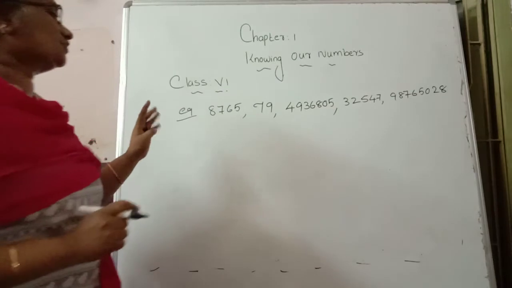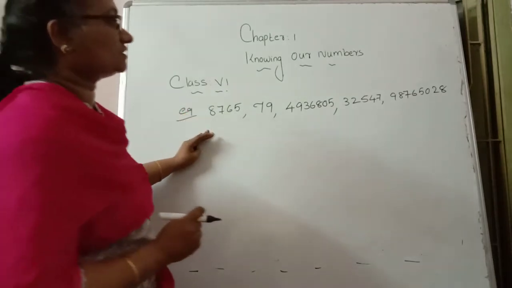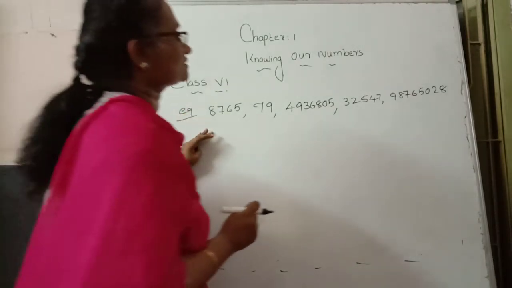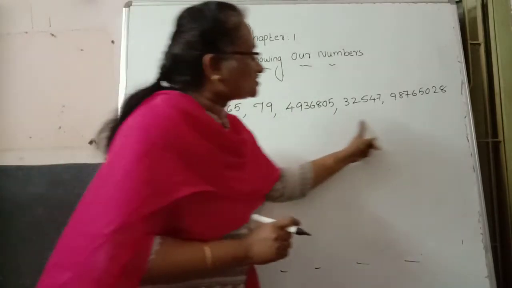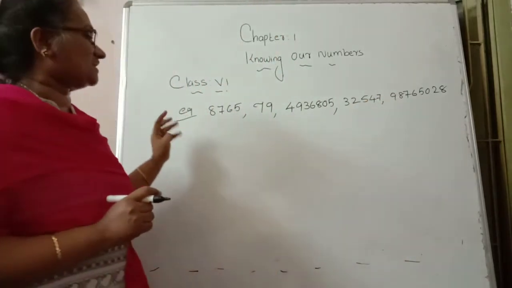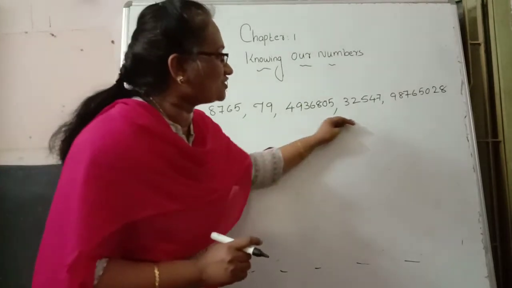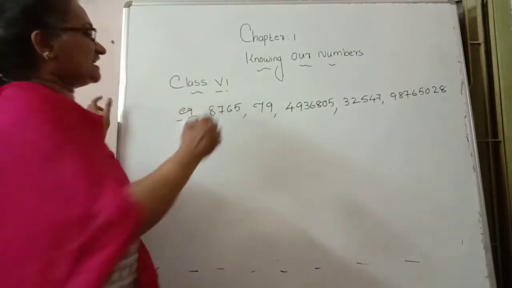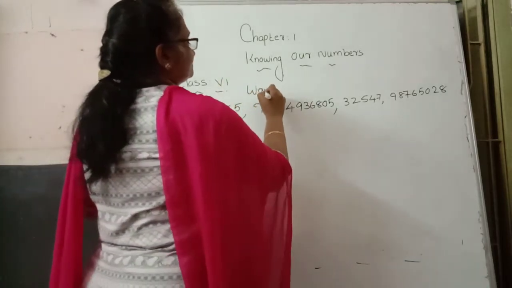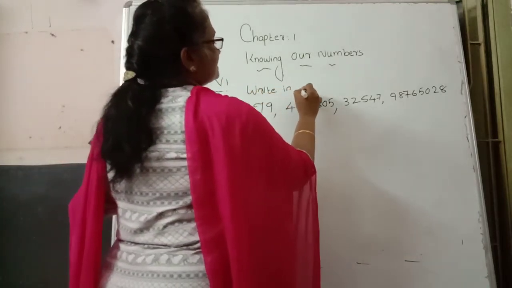See how to read these numbers. Here, which number is the greater number and which are the smaller numbers? So the question is, write in ascending order.